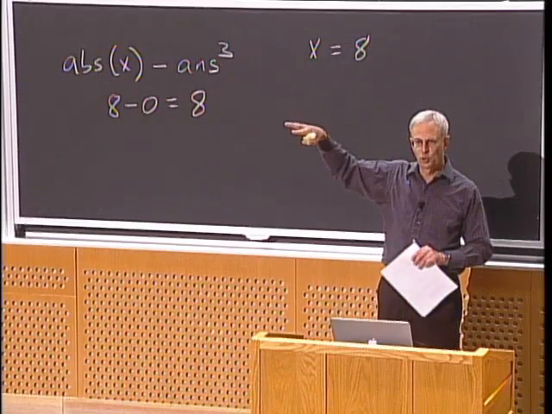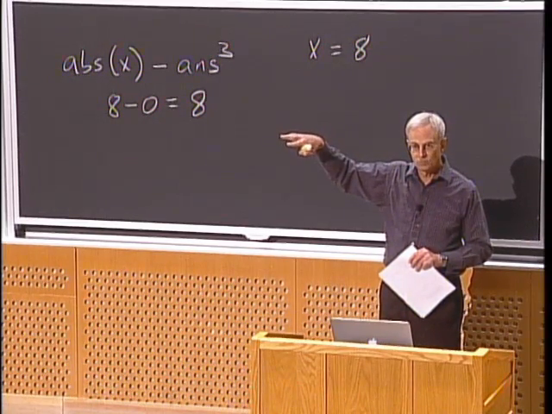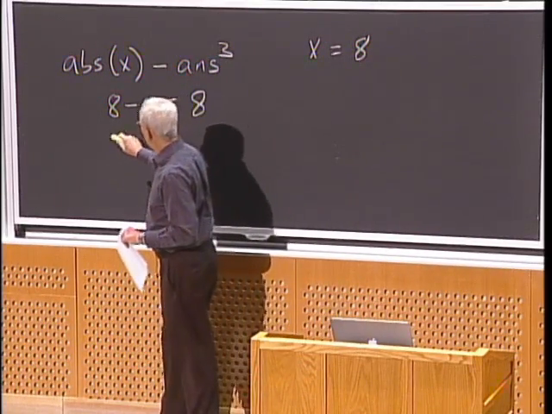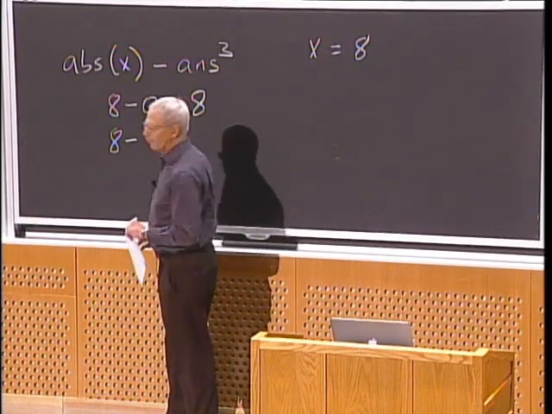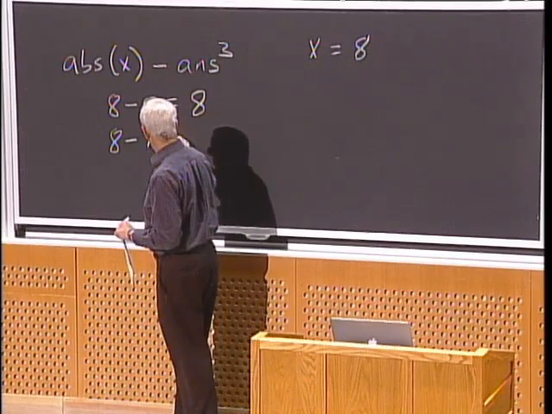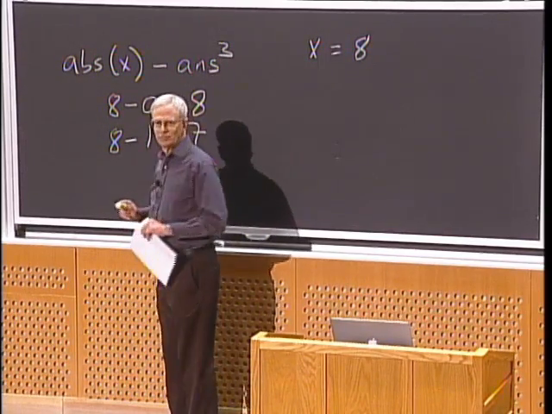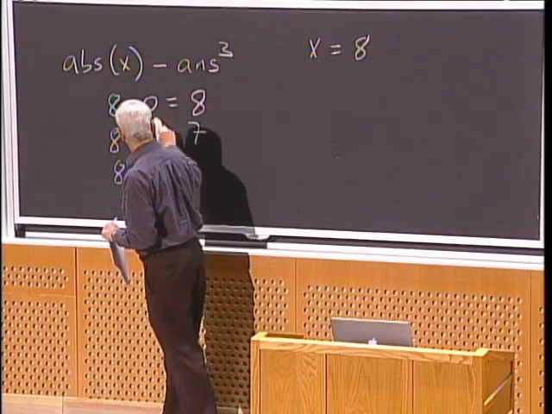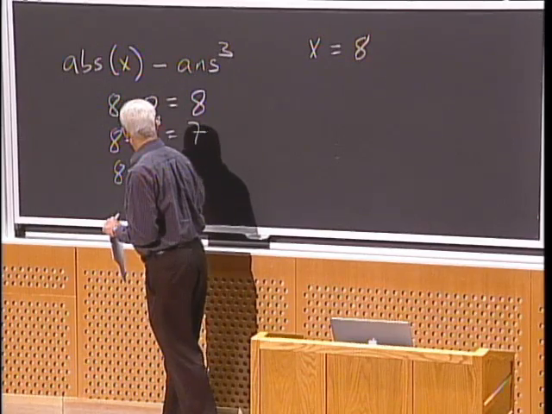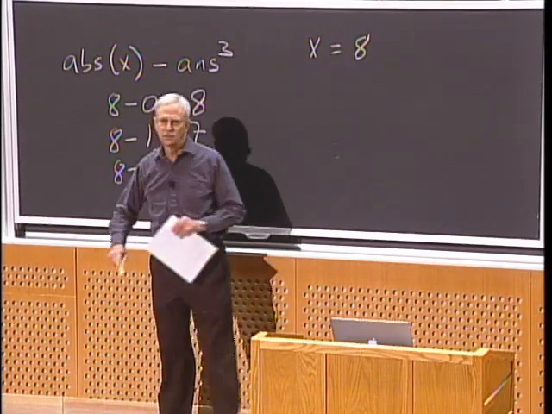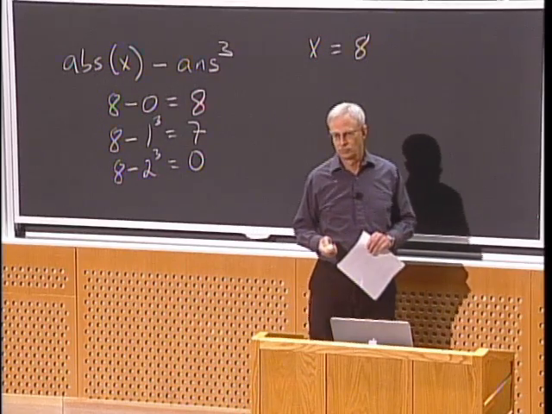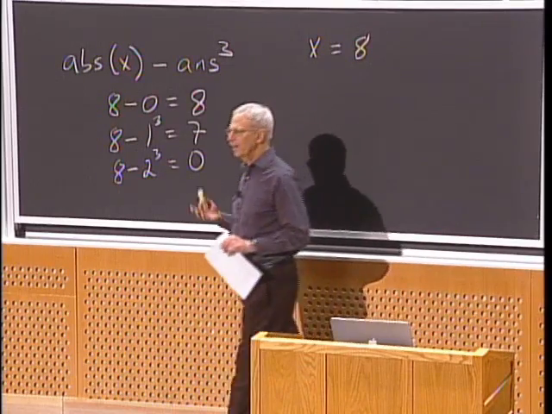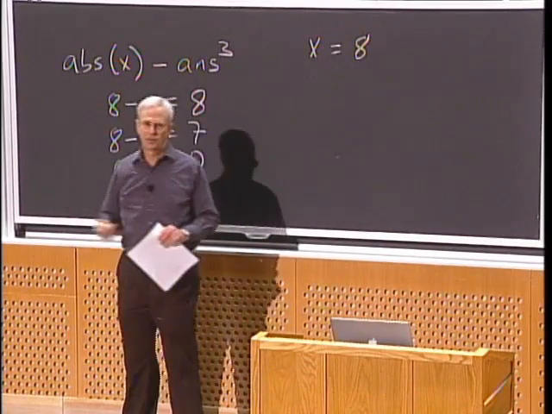So I know that ans cubed will always be positive, right? So the first time through, it will be 8 minus 1 cubed, which is 7. And the next time through, it will be 8 minus 2 cubed, which is 0. And then I exit the loop. And it's that kind of reasoning that I use to convince myself that this loop terminates.